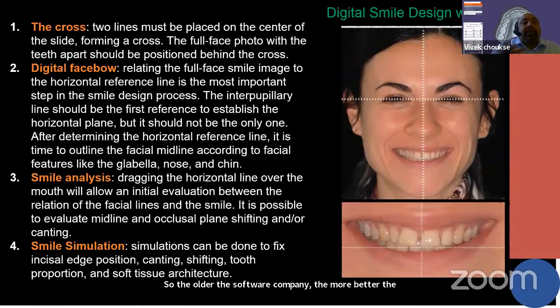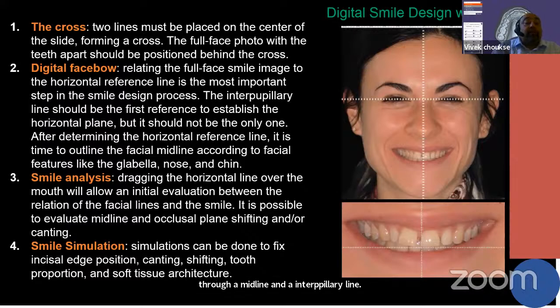Basically, not only in DSD, but in all the digital smile design softwares, what you come across are these factors. Firstly, the cross. You take a photo usually, and this photo is subjected to a cross which passes through a midline and an interpupillary line.